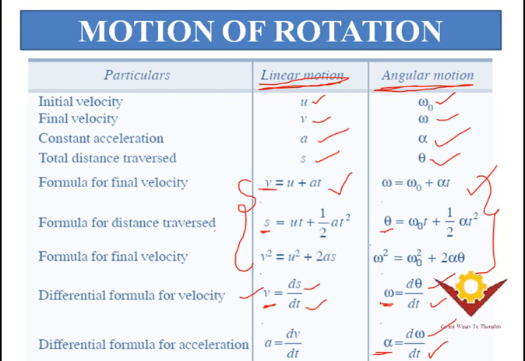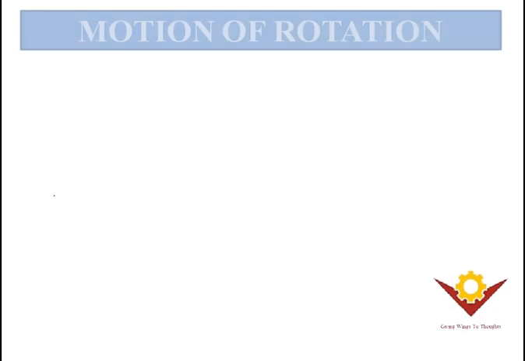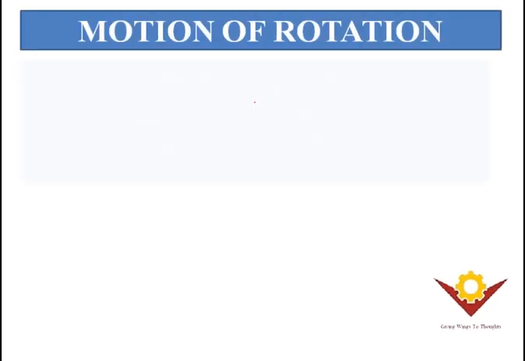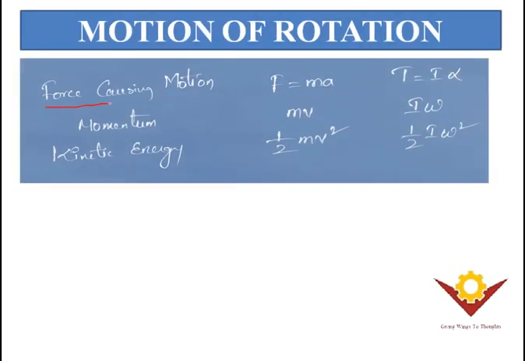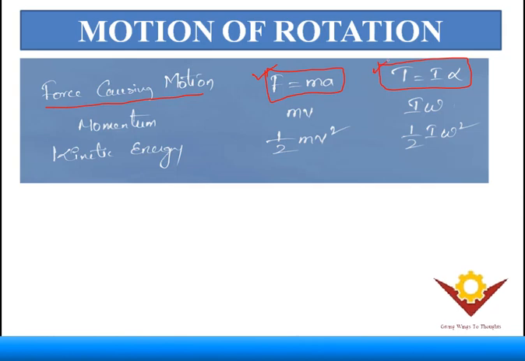We have a few more formulas, coming to the force causing the motion. This is the equation for linear motion, Newton's second law of linear motion, and this is Newton's second law for angular motion.